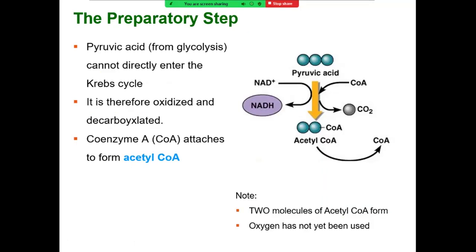All right, so pyruvate comes out of glycolysis and then moves into the mitochondria.